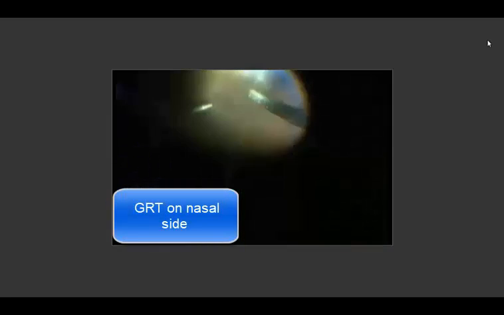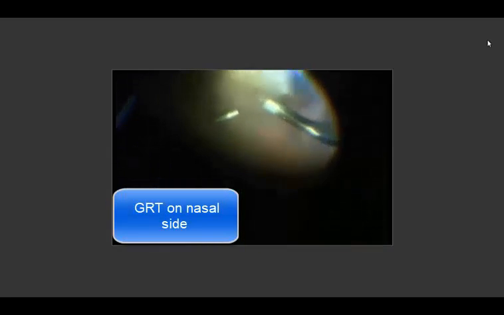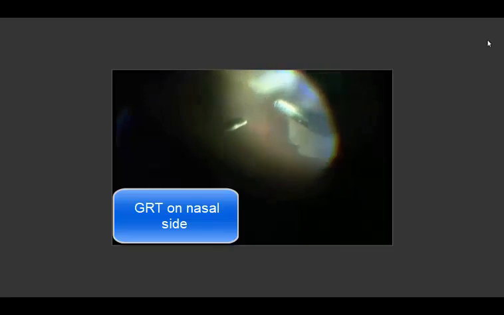Then I noticed that this giant tear was developed on the nasal side, and it was an alarming situation, particularly in this patient.